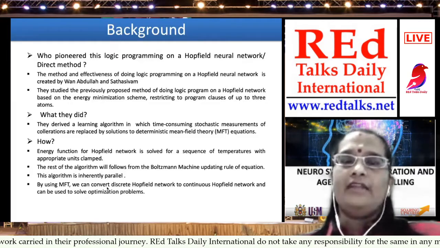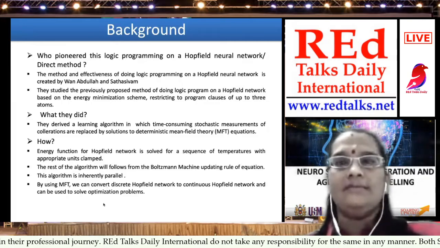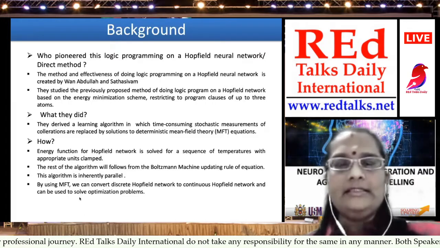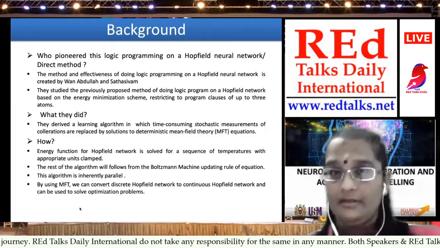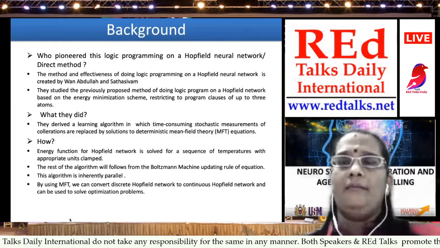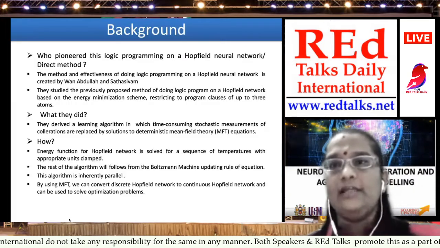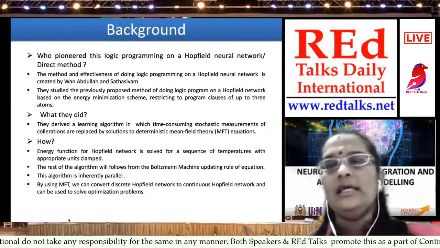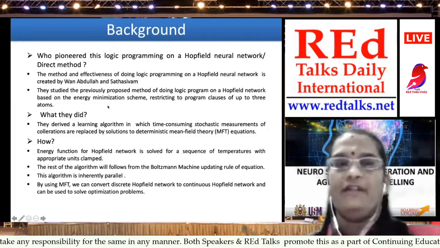So, if I talk about logic programming in the Hopfield neural network, sometimes known as the direct method, this was pioneered by my supervisors Professor Abdullah and also me. This is a way to minimize the oscillations and local minima values, increasing the effectiveness in performance of the Hopfield network.